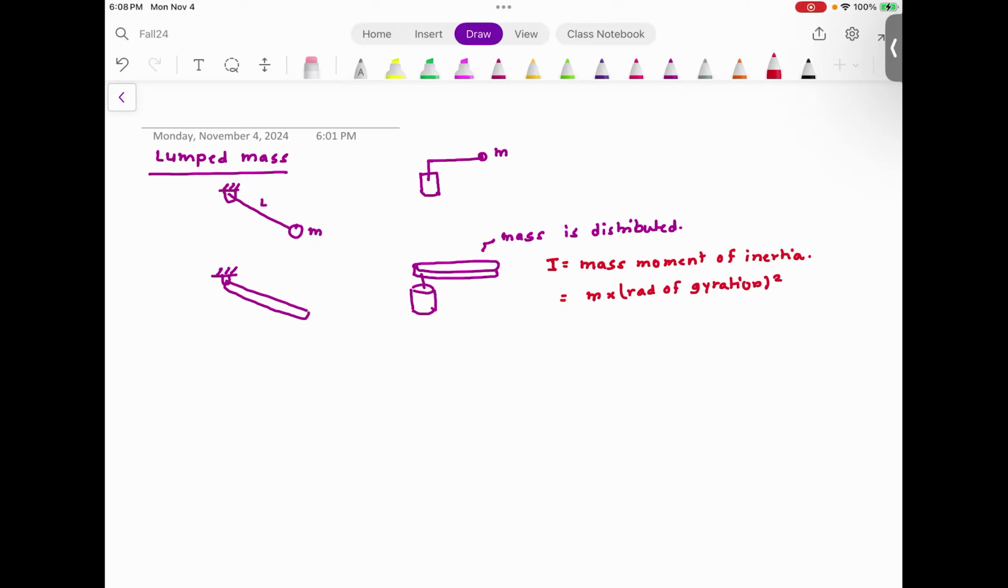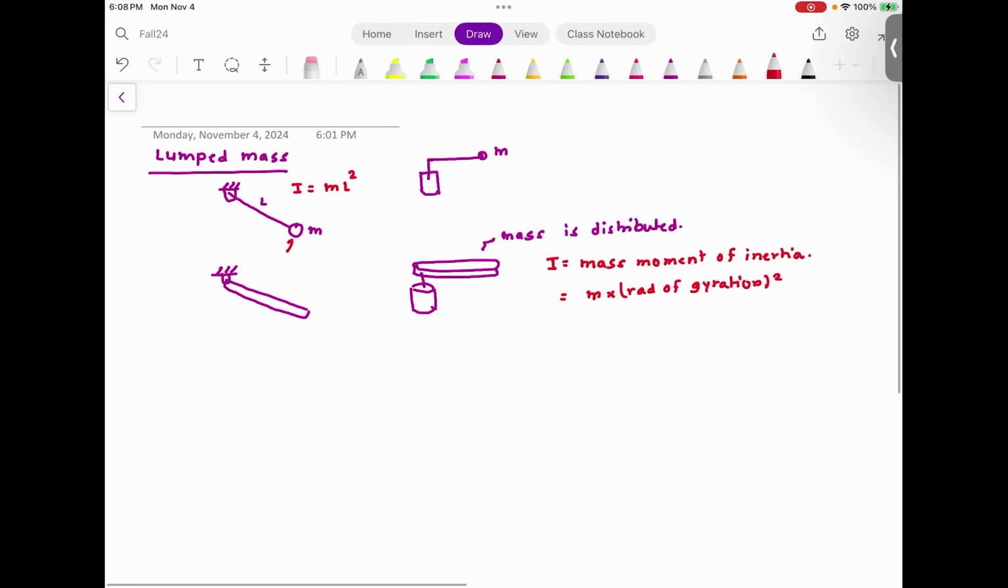Gyration means dancing or rotation. In this particular case, if this mass is m, if it is at distance L, the I for this system, which is the mass moment of inertia, is mass m multiplied by L square, where that is the radius at which this mass is located. So mass multiplied by the radius of gyration square is mL square.